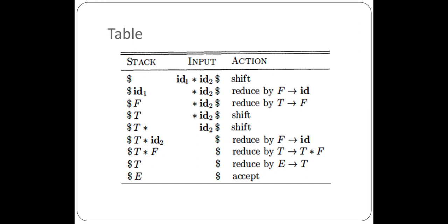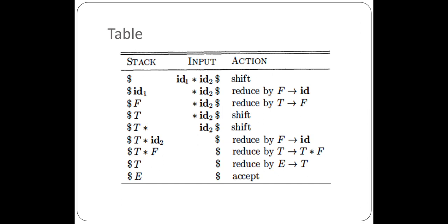So here, as per this example, we have the capital E as the start symbol. And then the various actions that we perform are the shifting process, the reducing process, and then accepting. We just have three steps over here: shifting, reducing, and then accepting. So these are the three steps that we have in action.